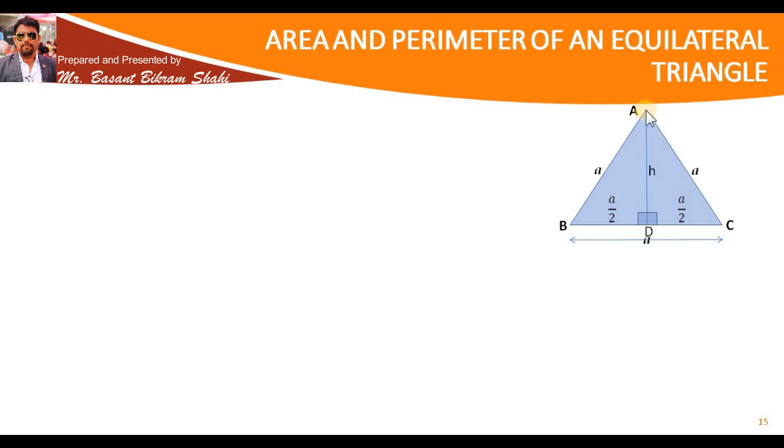Perpendicular drawn from the vertex to the base bisects the base, meaning BD equal to DC. So BD and DC are both half of A. If you see here, ABD is a right angled triangle.